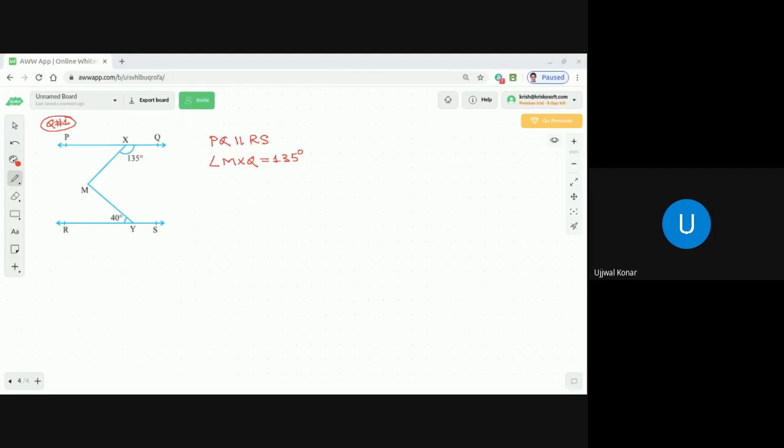Angle MYR is equal to 40 degrees. Now, what is the question? We need to find the value of angle XMY. Sorry, if I made any mistake, XMY is what you need to find out.